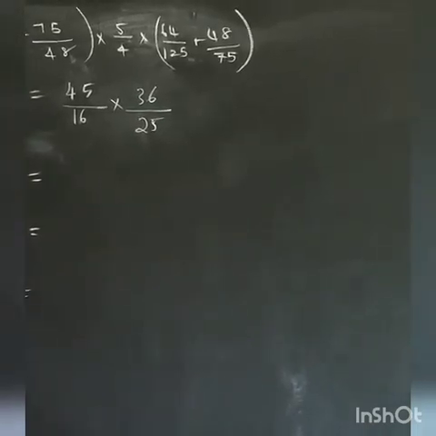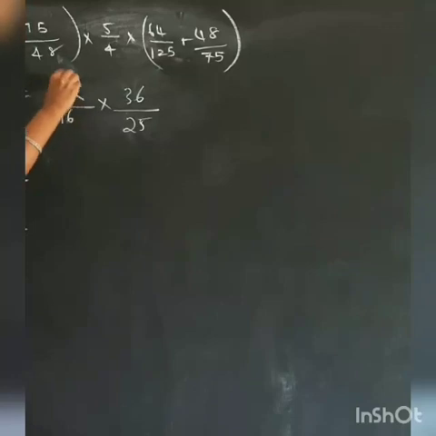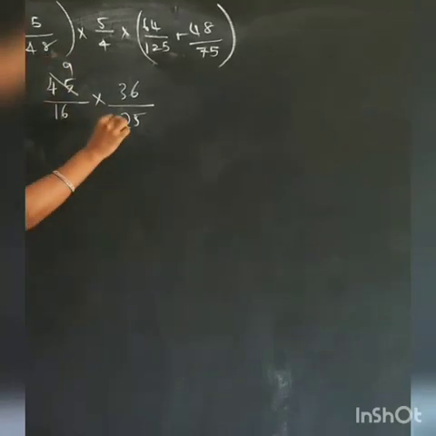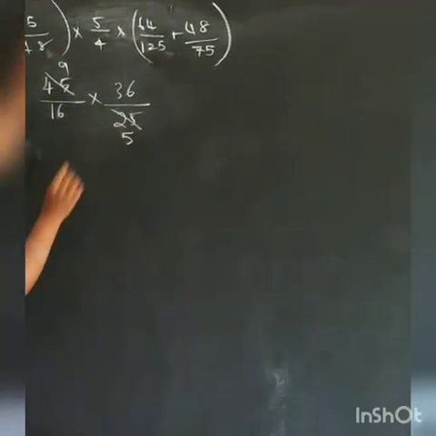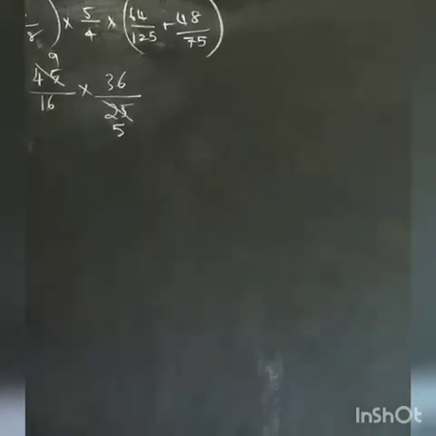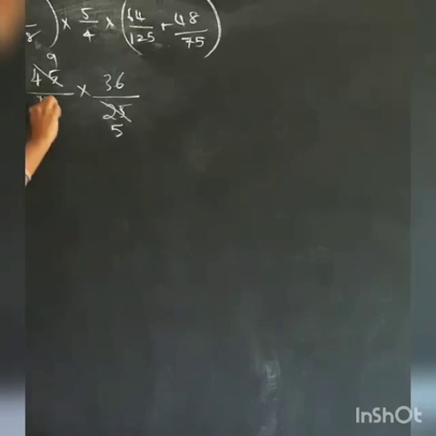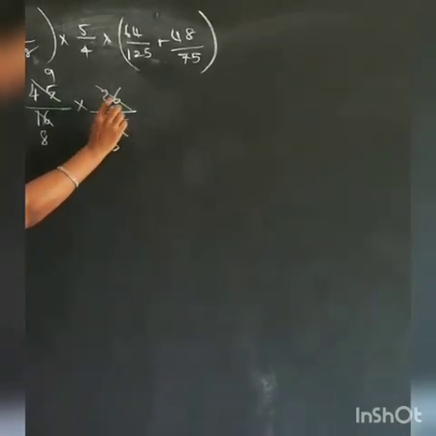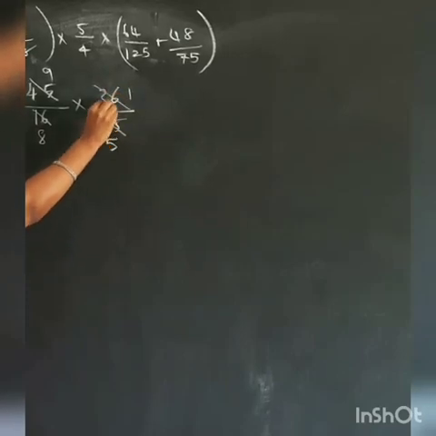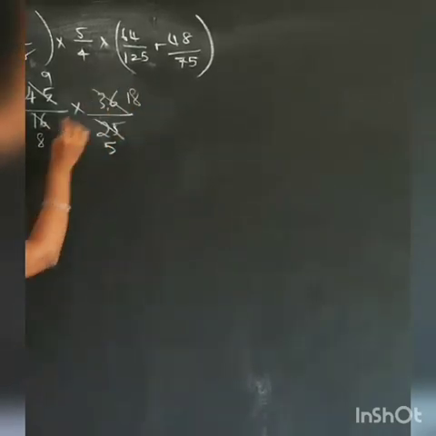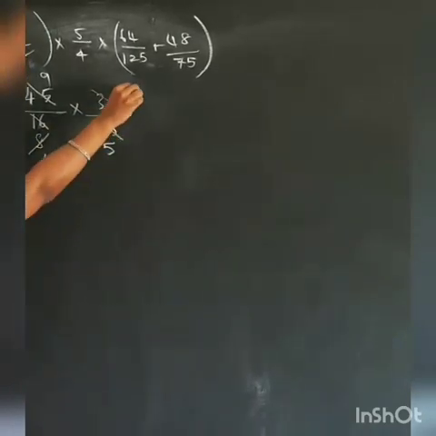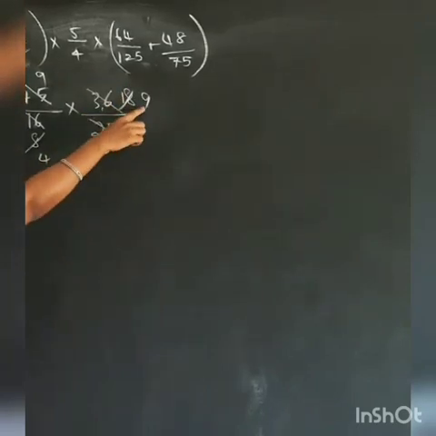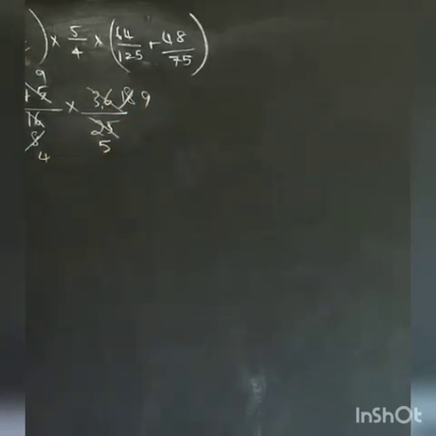Whether it is possible or not, it is possible. So 45 is 9 times and 25 is 5 times in what table? 5 table it is possible. Now 16 and 36 we can cancel it by 2 table itself. 16 is 8 times, 36, before number 2 is 1 time, 16 is 8 times. Again 8 is 4 times, 18 is 9 times. Now 9 and 4 is not possible to cancel.